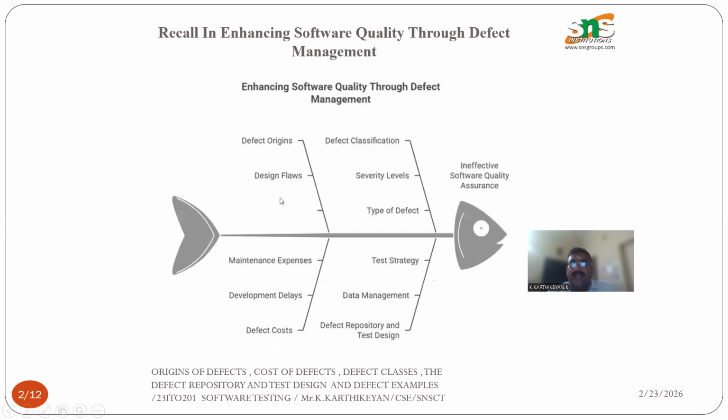This is a recall on enhancing software quality through defect management. It is also called a fishbone diagram, or cause and effect diagram, used in manufacturing industries, and we use it here. You can easily identify defect origin and design flaws, defect classification and security level.